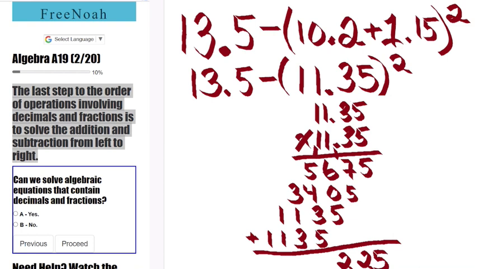Then we have 1 plus 5 plus 4 plus 3 plus 5, giving us 18. Drop the 8. Carry over the 1. Then we have 1 plus 3 plus 1 plus 3, giving us 8. Next we have 1 plus 1, giving us 2. And then we have 1 simply dropping down.